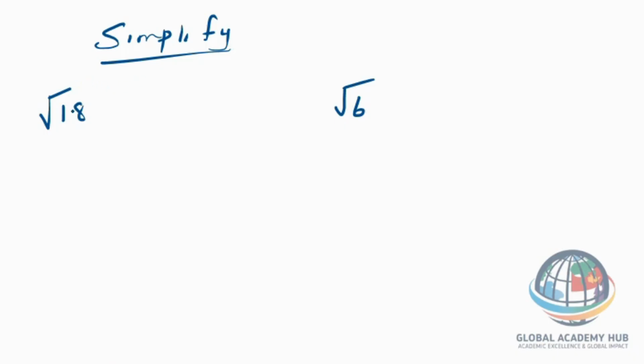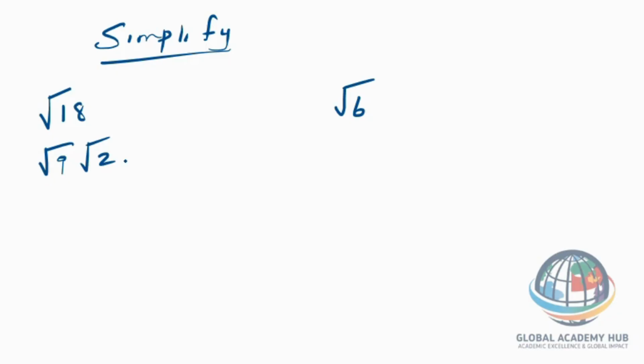So here we are. We want to simplify the square root of 18. So what we're going to do first is break this into two parts, or more than two. I'm going to see that this could be the square root of 9 multiplied by the square root of 2. Now, here's my goal.